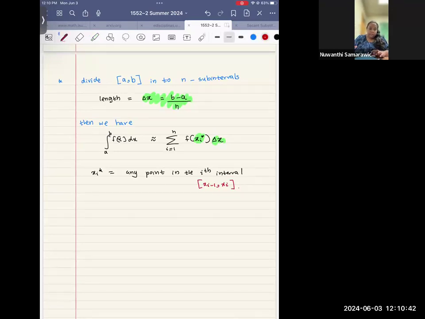Okay, so if this xi star is the left endpoint, what does that mean? If you draw the real line and this is your ith interval, this is your left endpoint.